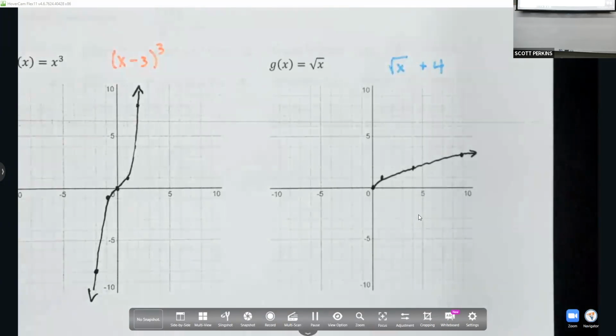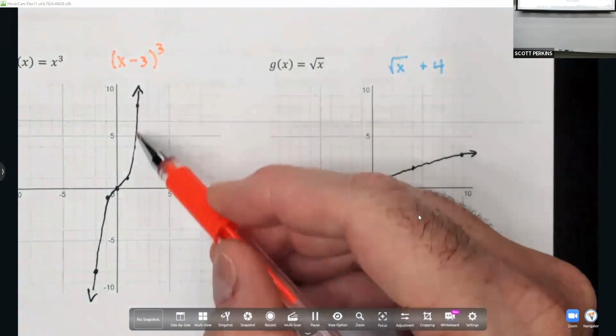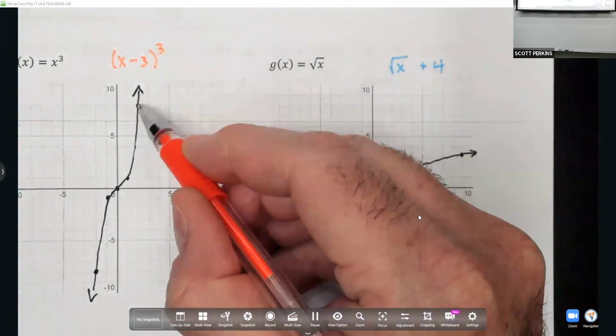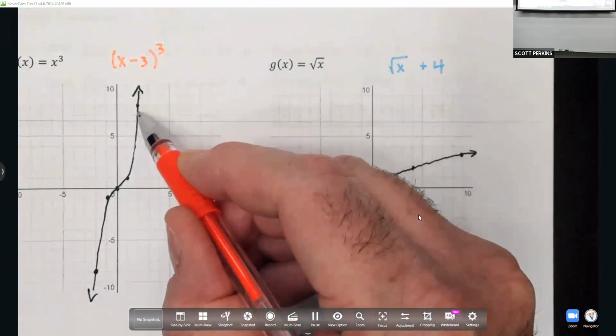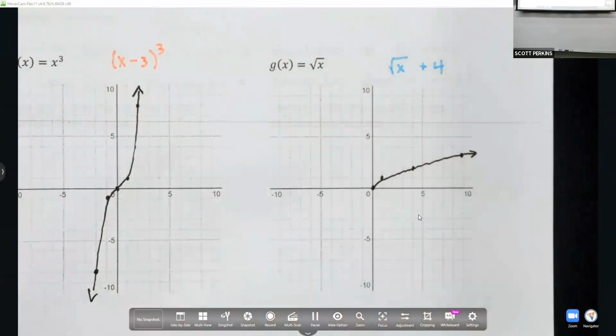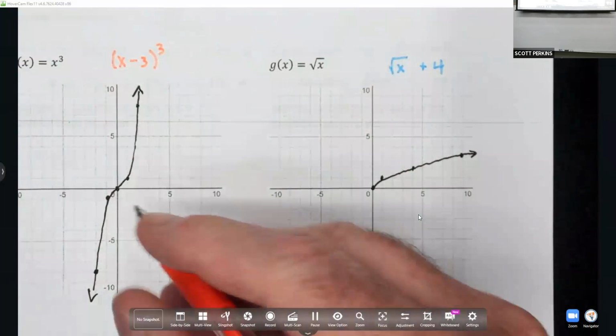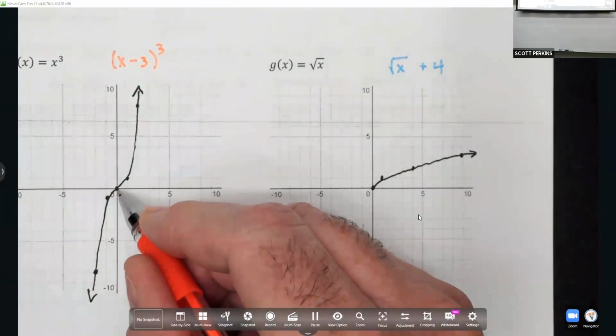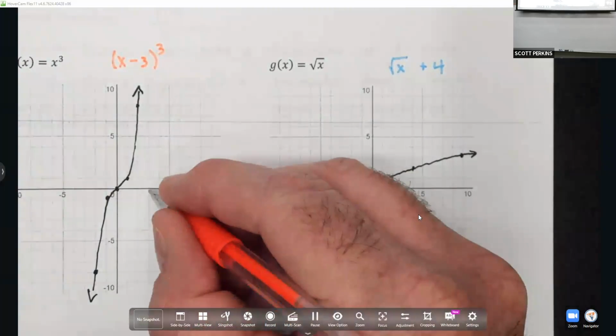All right, so here's why I want you to get so familiar with these graphs. What you probably did, because you're just learning, and this is exactly where I expect you to be, is take the graph we've already drawn and go to each of the points, going right 3, right 3, right 3. But once you get familiar with the graph, you can just take this middle point at the origin and move it 1, 2, 3 to the right.